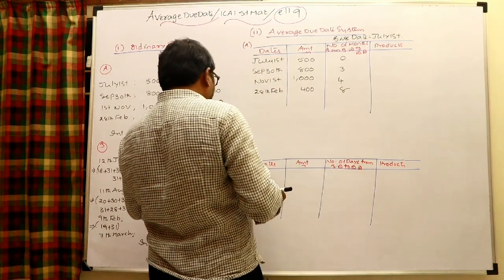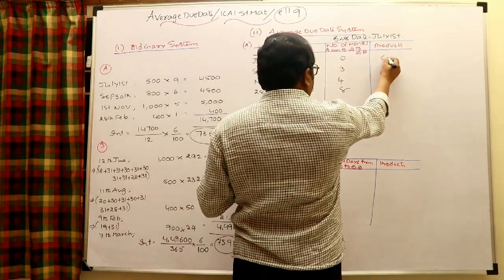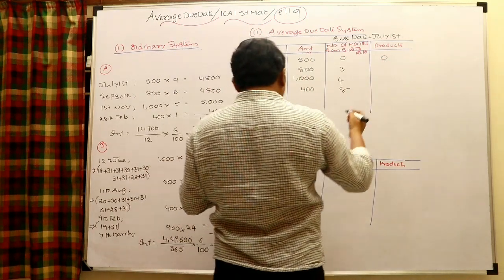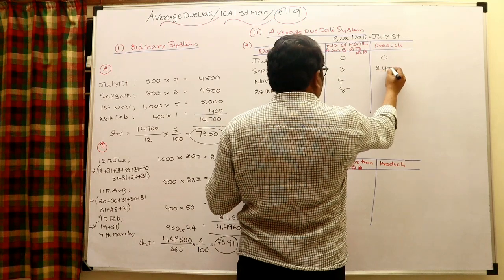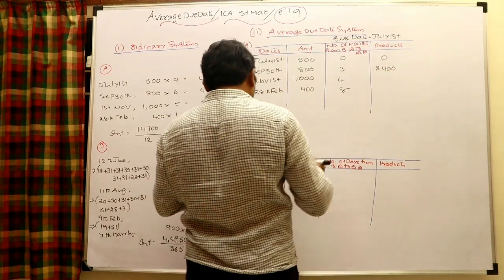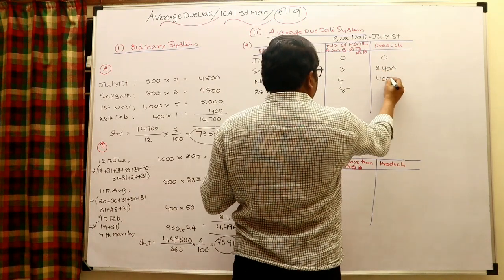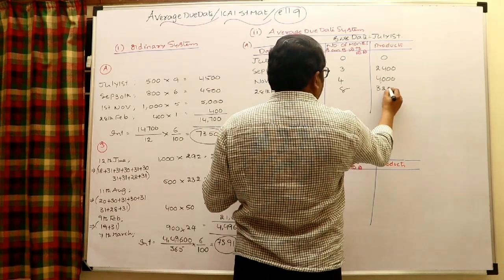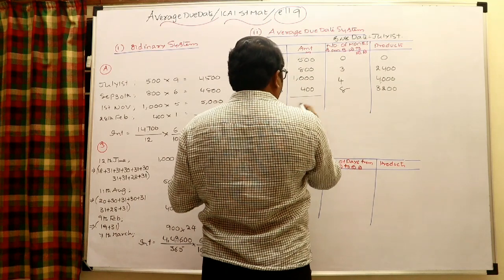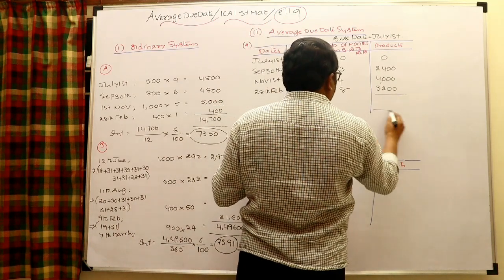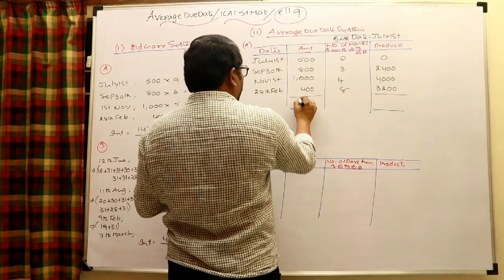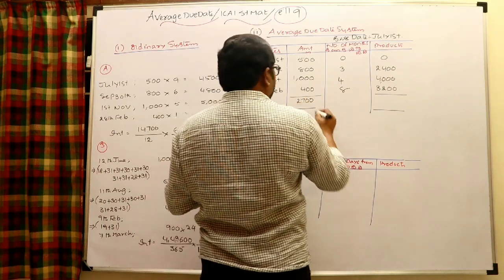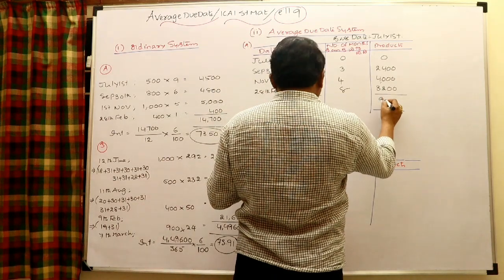And multiply to get the product. 500 into 0, 0, 800 into 3, 2400, 1000 into 4, 4000, 400 into 8, 3200, and go for the total of amount and total of product. The total of amount 2700 and the total of product 9600.